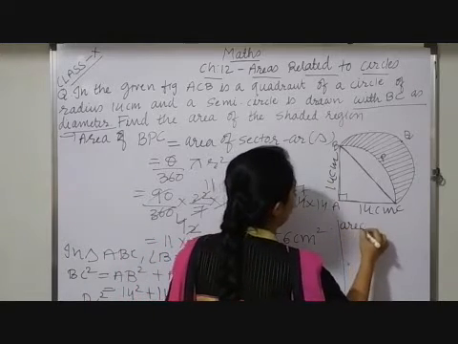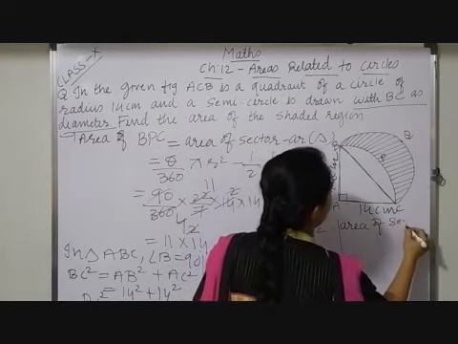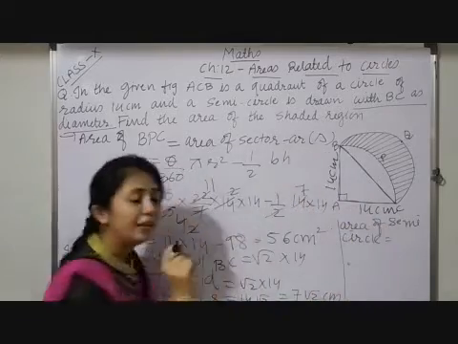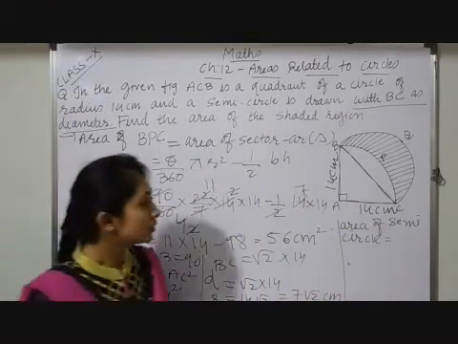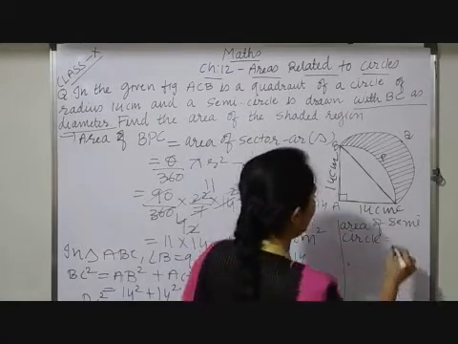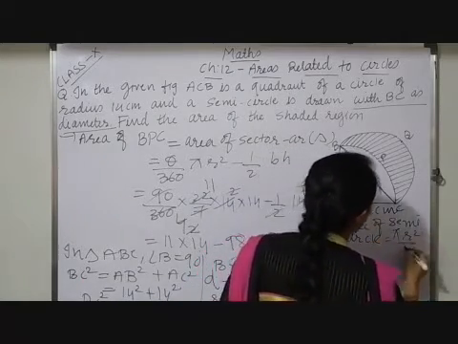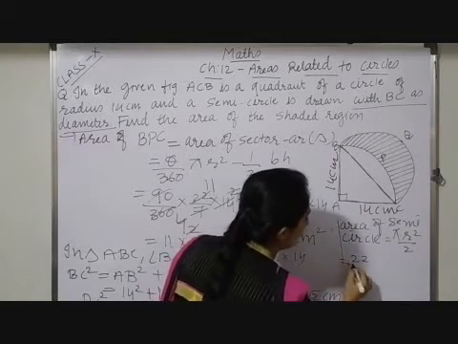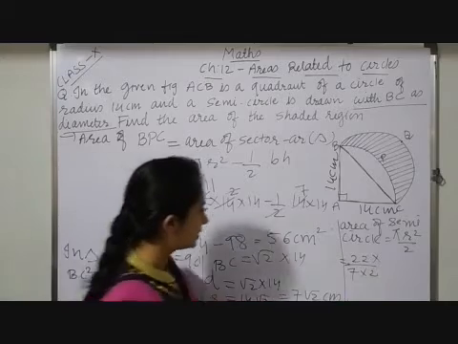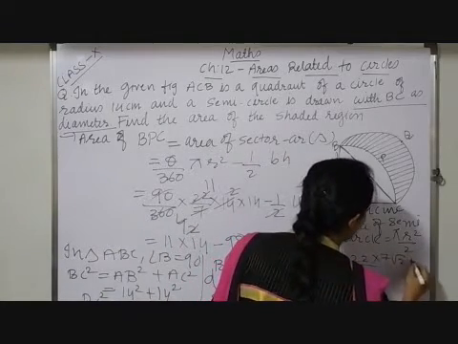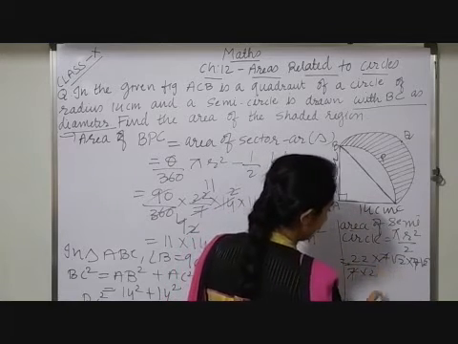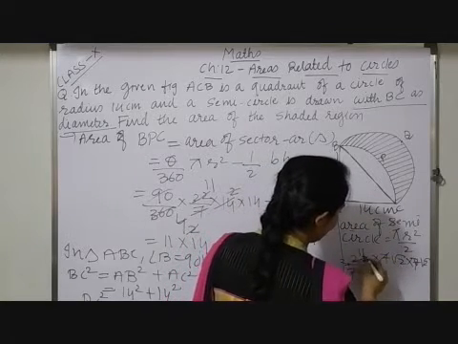So the area of the semicircle is equal to, the area of a circle is pi r square. Though it is a semicircle, obviously I have to divide it by 2. So here my formula will be pi r square by 2. Pi value is 22 by 7, and the radius given here is 7 root 2, that is 7 root 2 into 7 root 2. 7 cancels out, 2 elevens are 22.